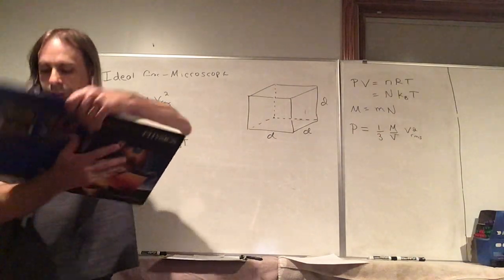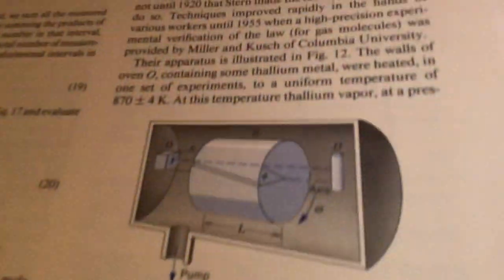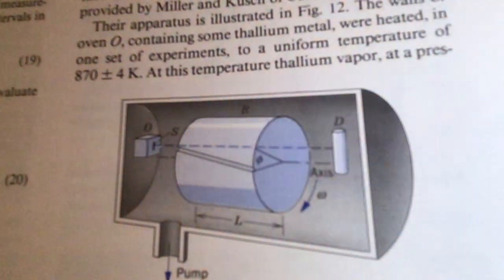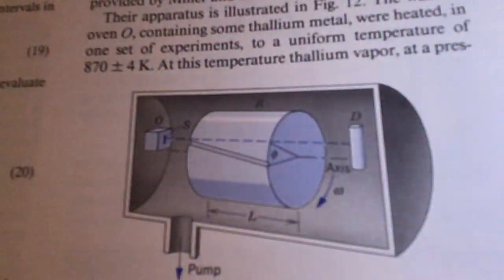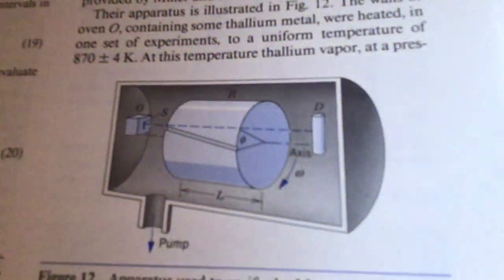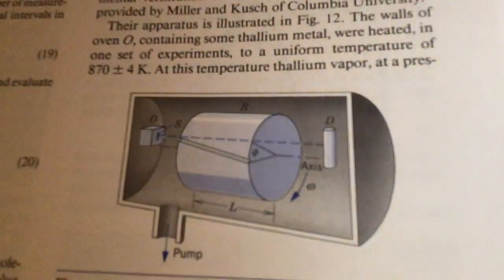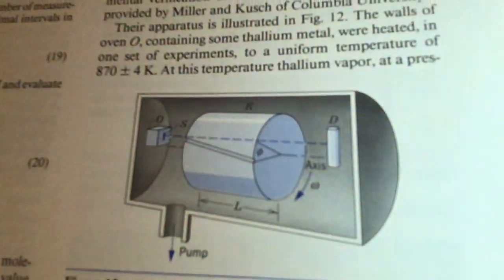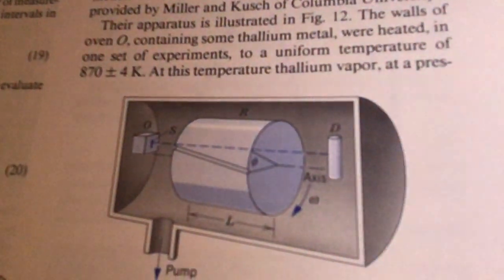Yeah, here it is. So I'm going to hold this up here. Basically on the left, you have an oven. There's a small opening where particles can come through. And so, outside of this chamber here, there's a very hot gas, and that narrow slit allows particles to come through.